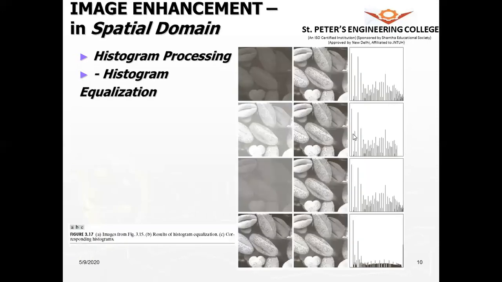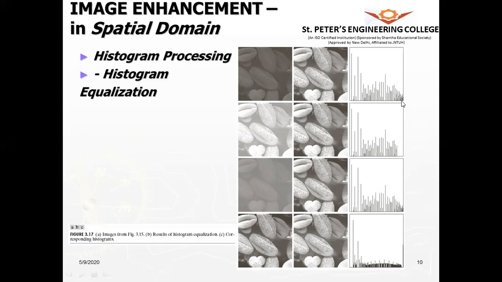Now let us look at the same previous images. These are the four different images: the dark image, the bright image, the dull image, and the correct image. These are the images obtained by performing histogram equalization, and these are their corresponding histograms. As I said, if the histogram is concentrated in the lower intensity region, the image is very dark.